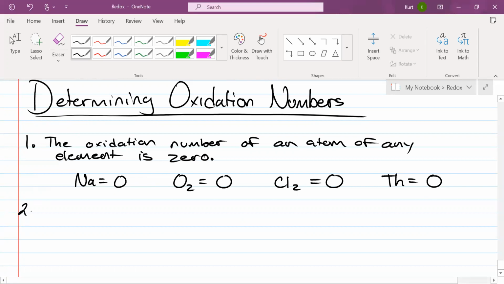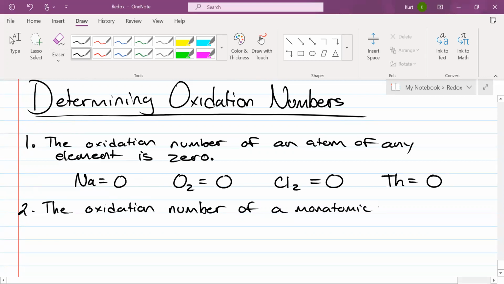Number 2. The oxidation number of a monatomic ion is equal to the ion's charge.